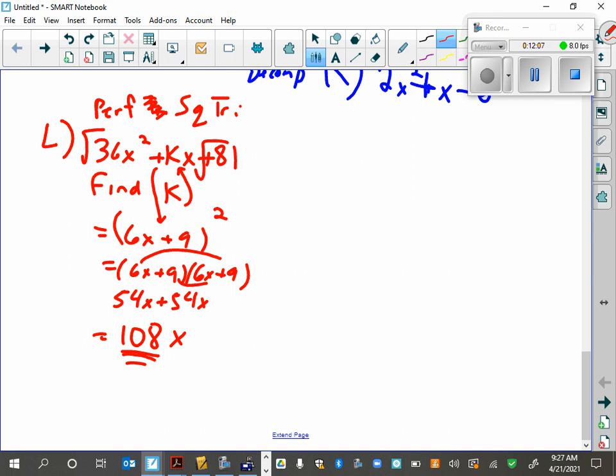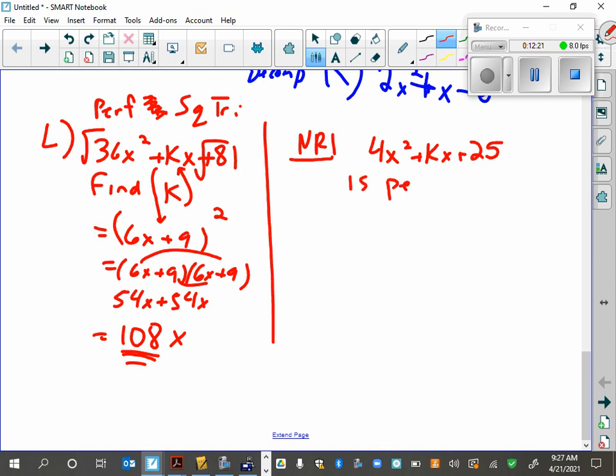Now it's a multiple choice question. So having said that, here's your numerical response 1 question. 4x squared plus kx plus 25 is a perfect square trinomial. A perfect square trinomial is something that can be written as anything multiplied by itself.